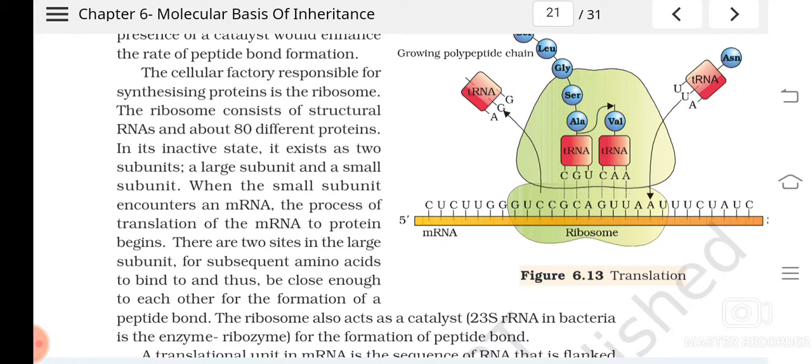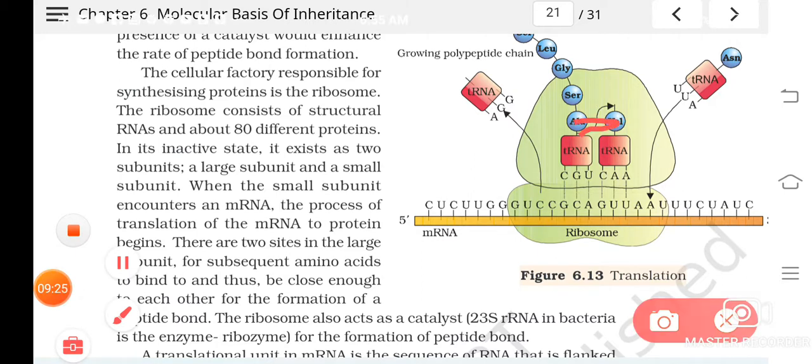Now you can see the amino acids are very close to each other and they are already charged. So a peptide bond will form, and this growing amino acid chain with this tRNA will move to this side, and another one will come and join to this side.